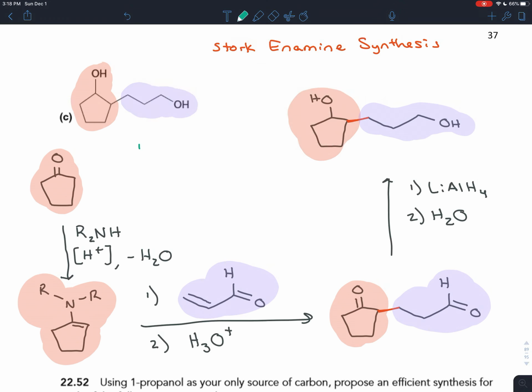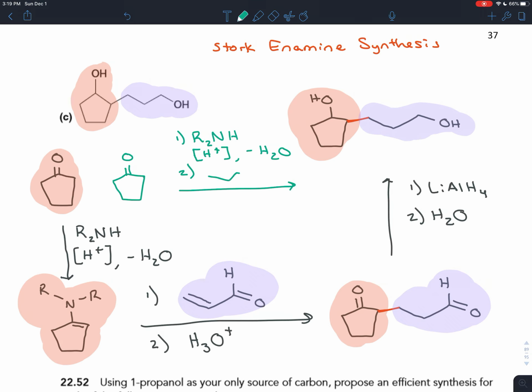So overall, the recipe you would want to use to create that molecule there is, starting with cyclopentanone, you would first create the enamine by adding a secondary amine in the presence of catalytic acid and removing water to increase yields.